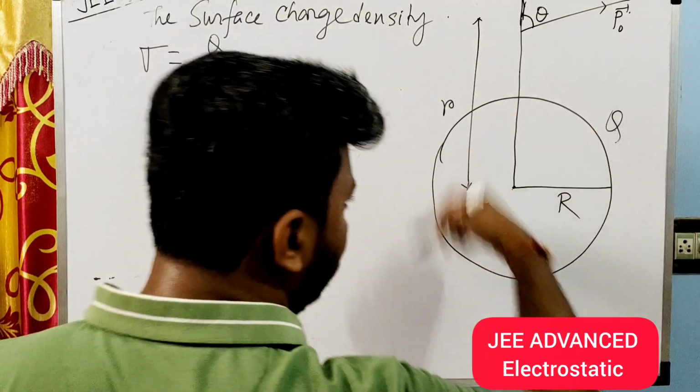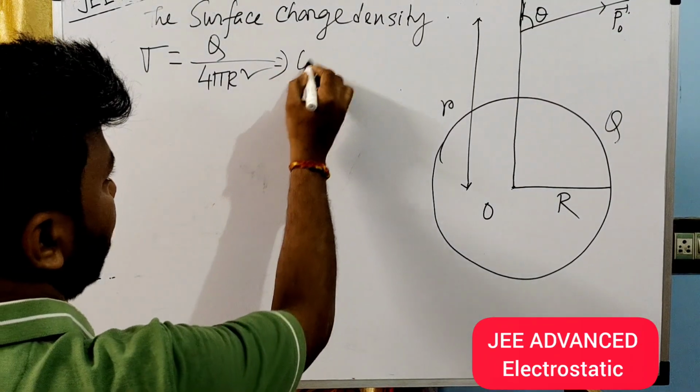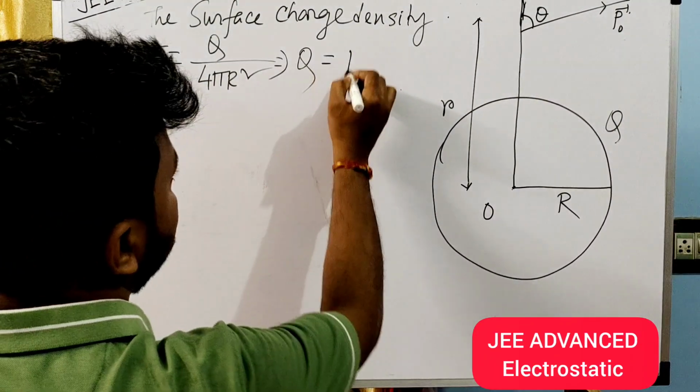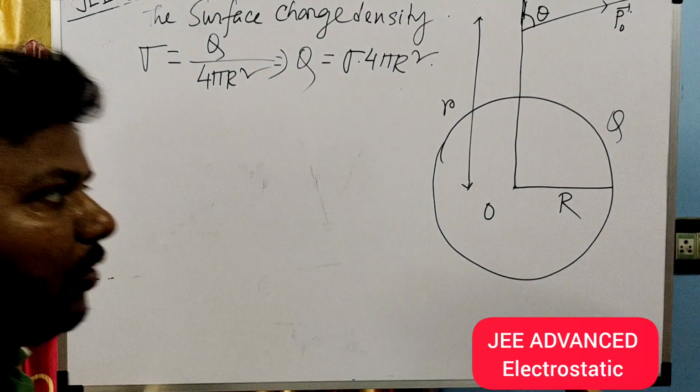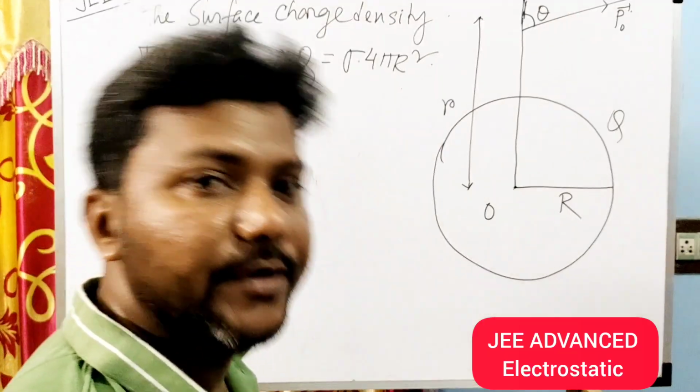What is the area? 4 pi R square. From this equation, capital Q is equal to sigma into 4 pi R square. Now we have the total charge Q.